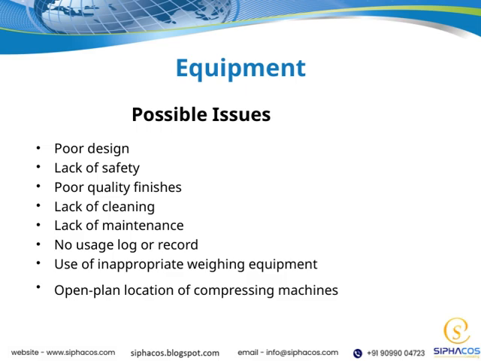Using inappropriate weighing equipment is a significant concern because it can lead to inaccurate measurements, affecting product quality and compliance. Finally, the open-plan location of compressing machines might seem convenient, but it can pose safety risks, such as noise, dust, or accidental contact, which need to be managed carefully.